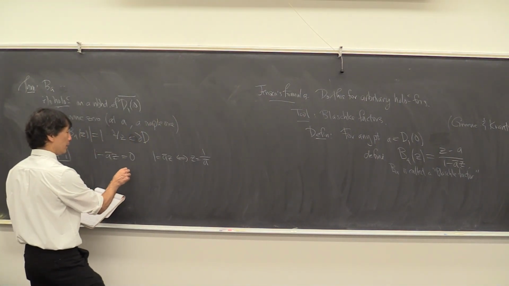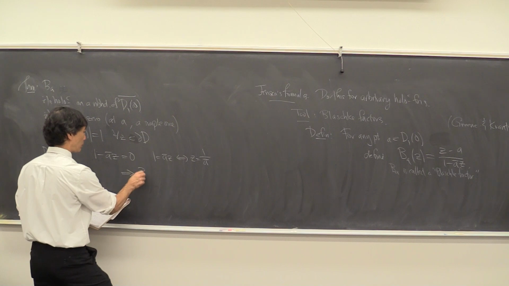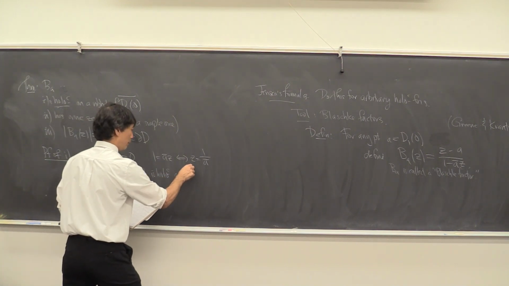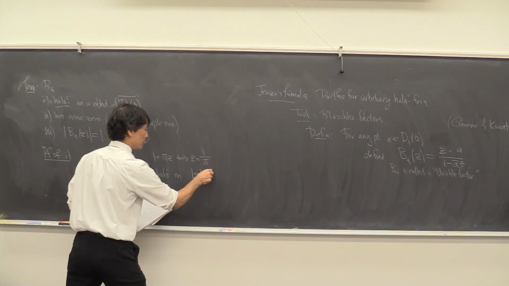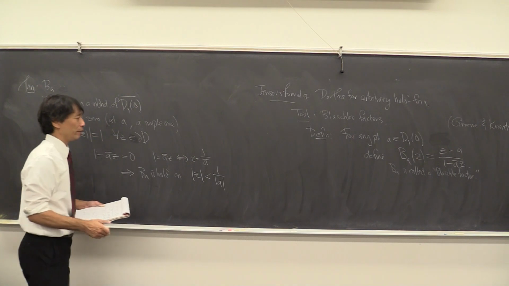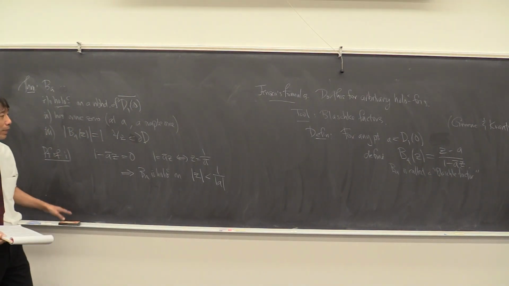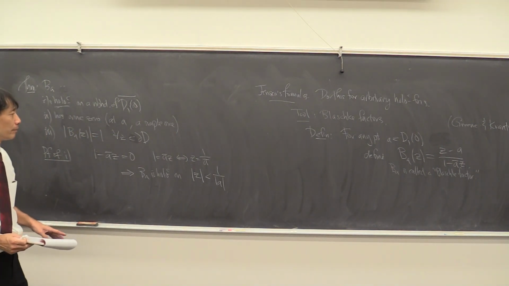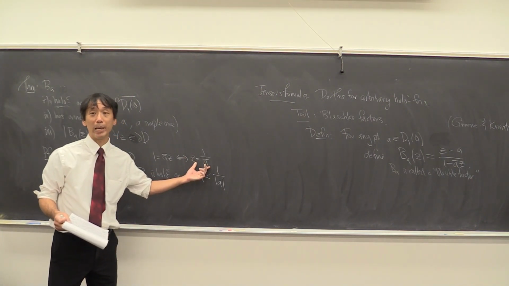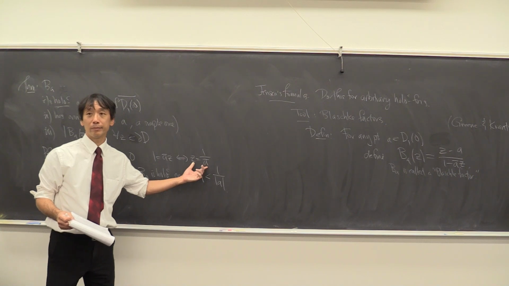So that tells you that B sub a is holomorphic whenever the absolute value of z is smaller than 1 over the absolute value of a.